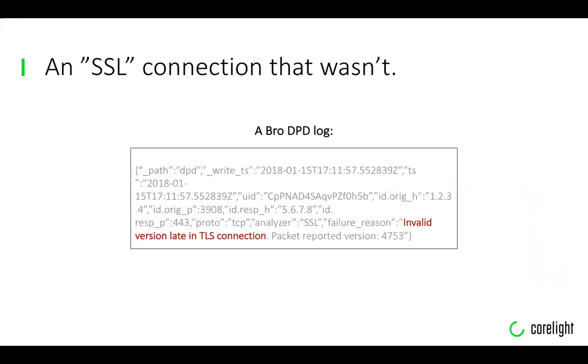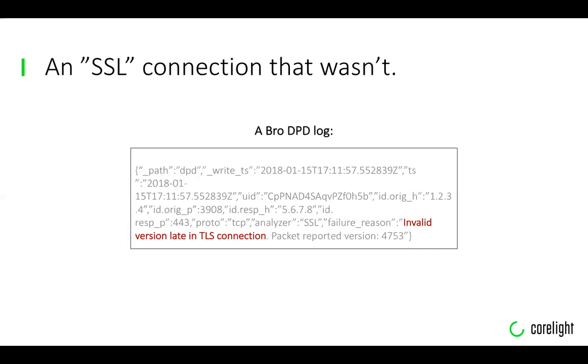And what you're seeing here in red is Bro was analyzing what, according to the header information, was an SSL connection. So encrypted communication. In many environments, that might be an ignored communication because it's encrypted and you can't drill into it. But what Bro actually found is that that wasn't actually an SSL connection.